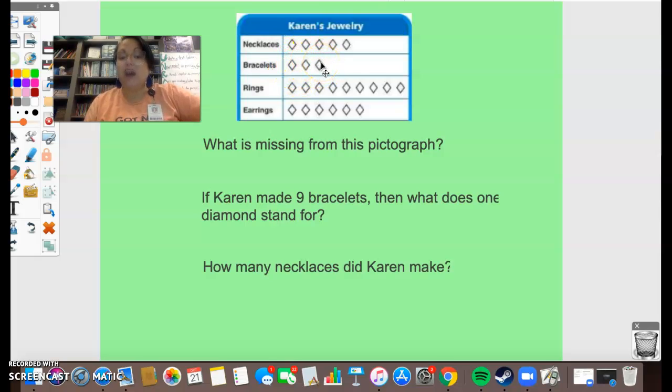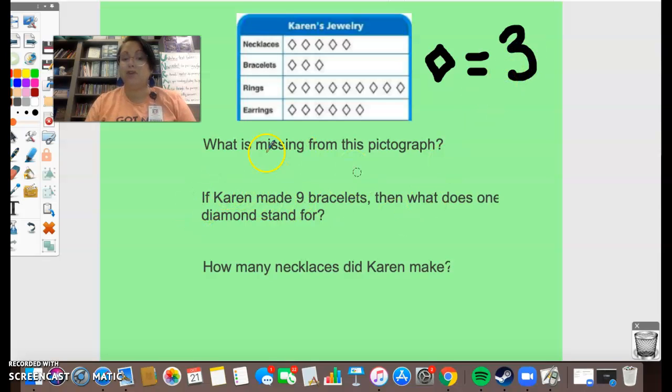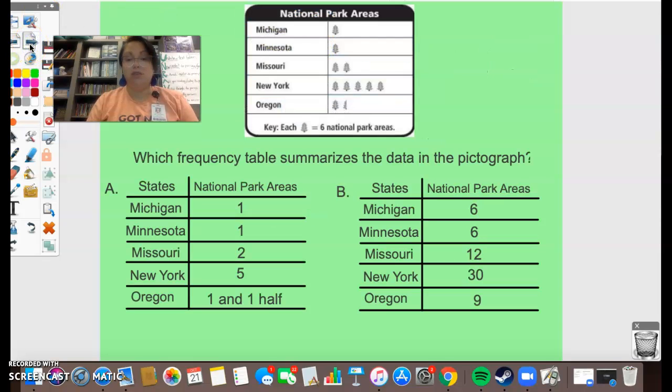So now we know that each diamond equals 3 pieces of jewelry. We were able to tell that from our clue down here. So now how many necklaces did Karen make? 3, 6, 9, 12, 15. See that? It's a little problem solving here.